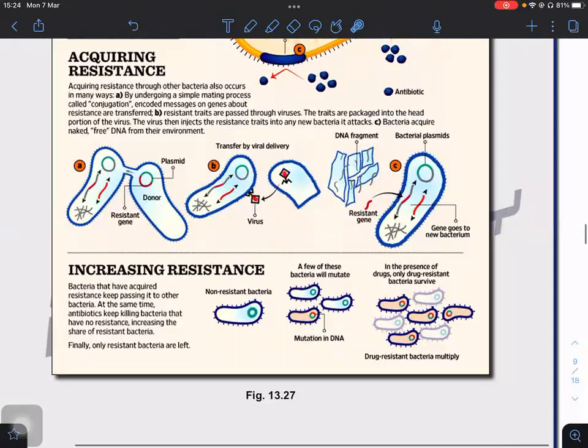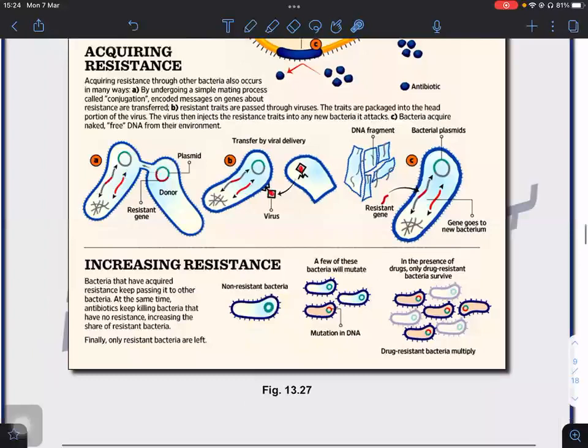Once they develop the resistance, this resistant gene can be either horizontally or vertically transferred. So now let us learn what horizontal and vertical gene transfer mean.